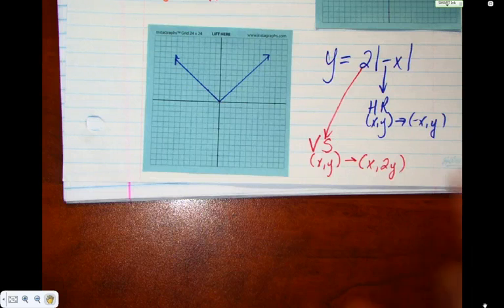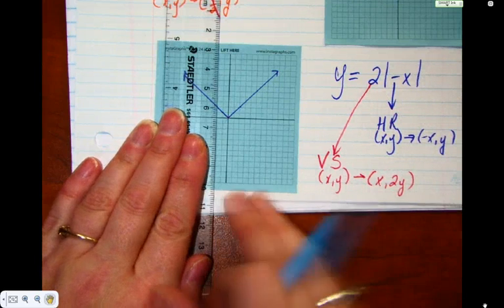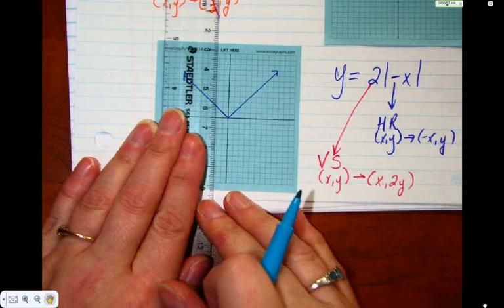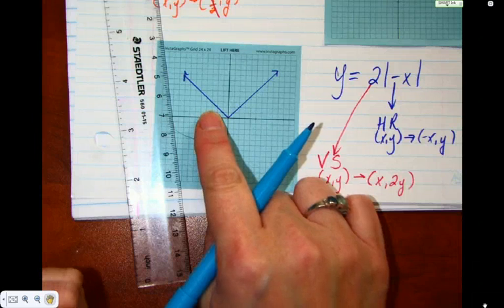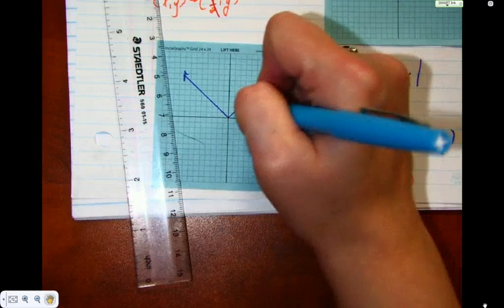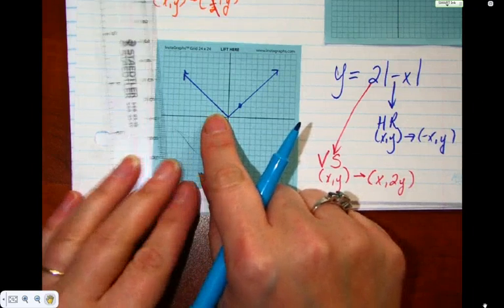Okay, so let's do the horizontal reflection first. Again, I'm putting the ruler vertical just to stop us from moving it side to side, or moving it up and down. Okay, so the first x value is negative 2. Negative 2 is going to go to 2. Next one's negative 1. Negative 1 is going to go to 1.